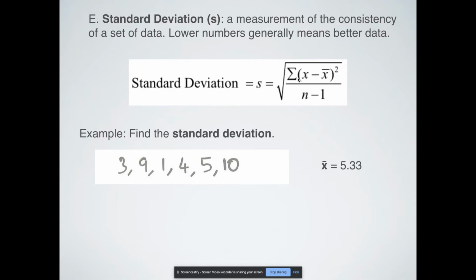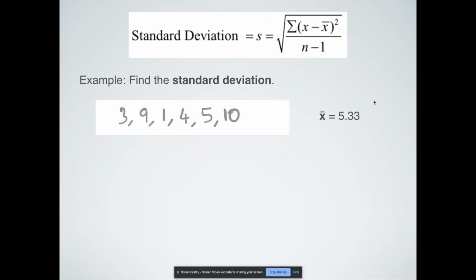And now let's do at least the first part here. Our first number, 3. So I do 3 minus 5.33 and square it. I did this in my calculator. It ends up being 5.4289. Next number, 9. 9 minus 5.33, square it. Get this.